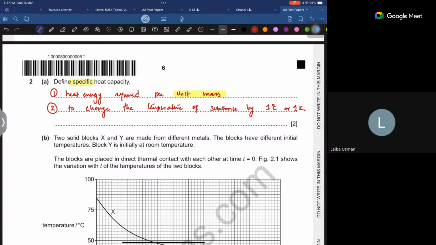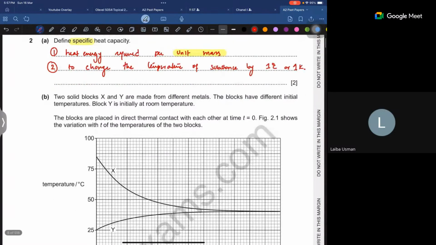Then go to the next and see the 2 solids X and Y are made from different metals. The blocks have different initial temperatures. Block Y is initially at room temperature. The blocks are placed in direct thermal contact with each other. Shows the variation of T of the 2 blocks.